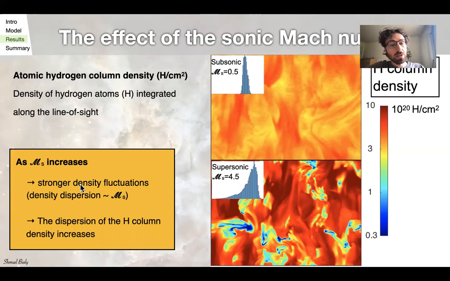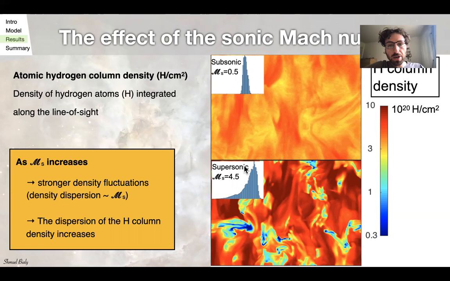So basically, stronger density fluctuations are present when the sonic Mach number is large, and these density fluctuations in turn reflect in the chemistry and produce larger dispersion of the column density. So potentially we can observe the PDF of H1. This has been done for many clouds, and then deduce the sonic Mach number. However, it's not the only parameter that is important.